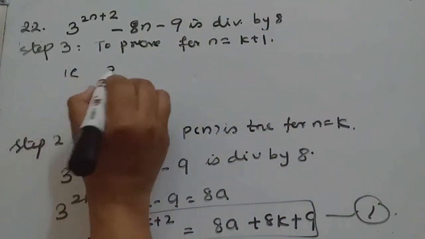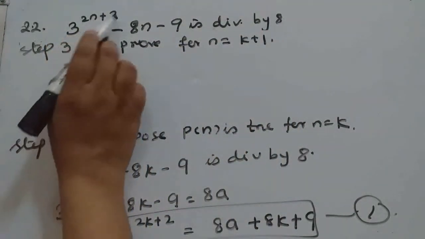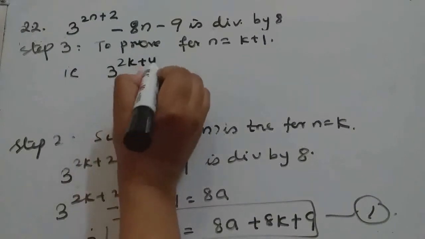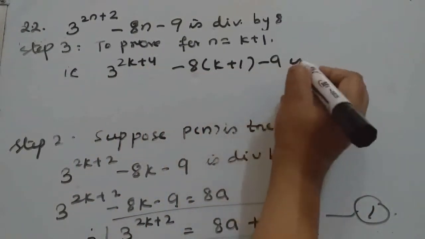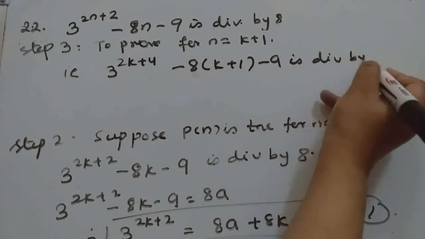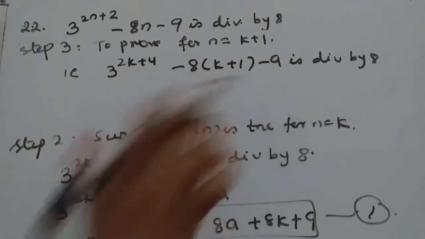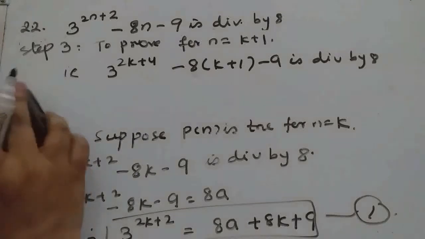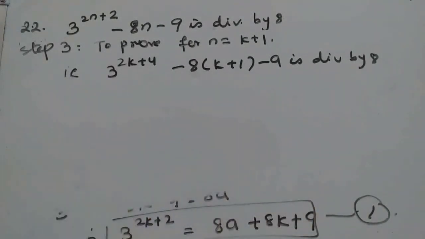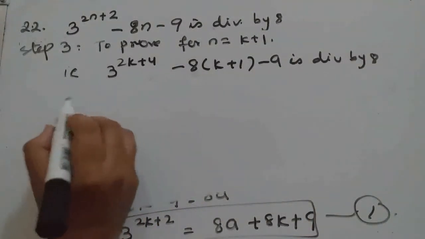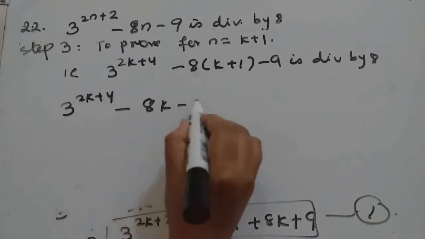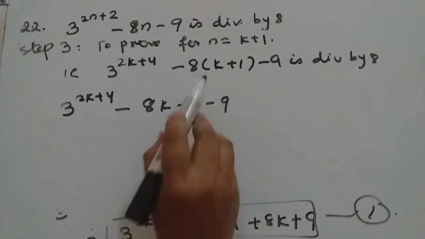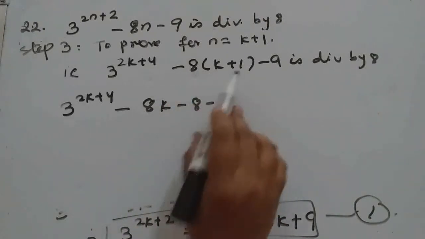That is to prove that, see, 2k plus 2 and plus 2 is already there, so 3 power 2k plus 4, minus 8 times k plus 1 minus 9 is divisible by 8. That is, this expression equal to 8 into some number. So we will consider this expression 8k minus 8 minus 9. Okay, I open this bracket here.